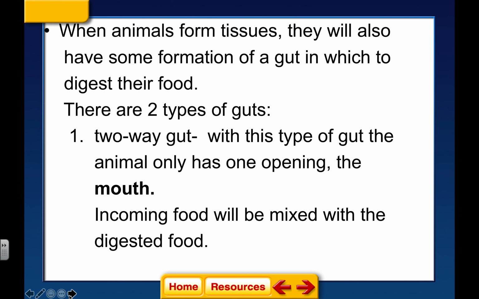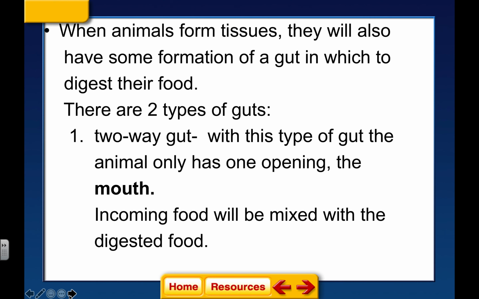When you have a true gut, there's two types. The two-way gut is the most simple of guts. In this type of gut, the animal only has one opening, and that opening is the mouth.